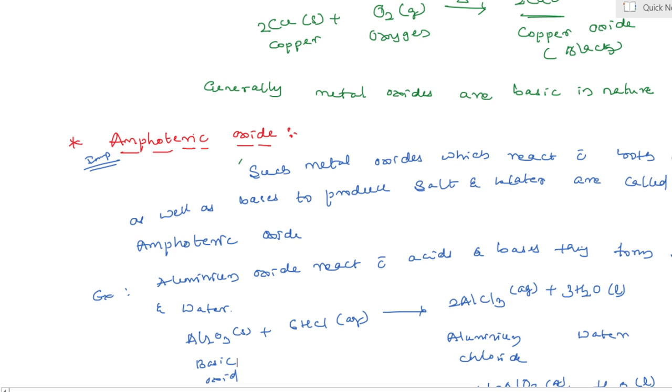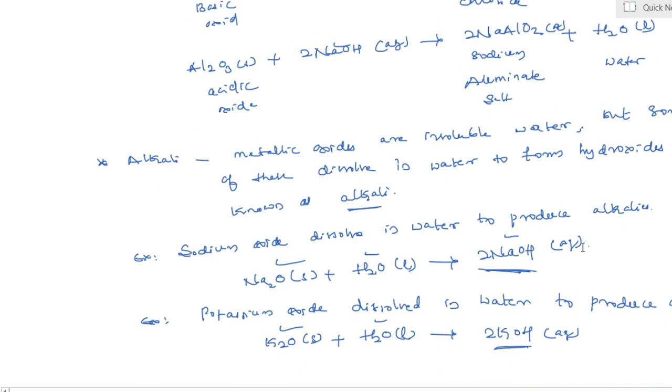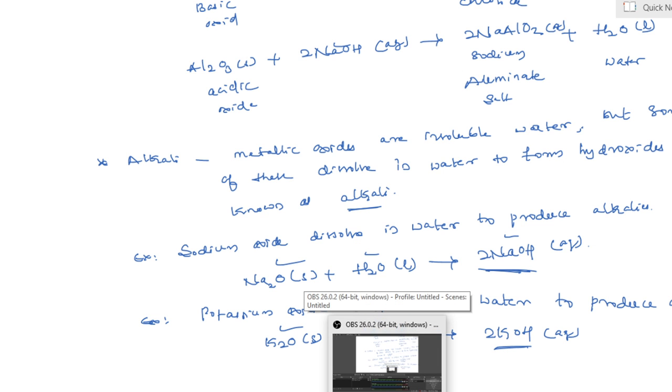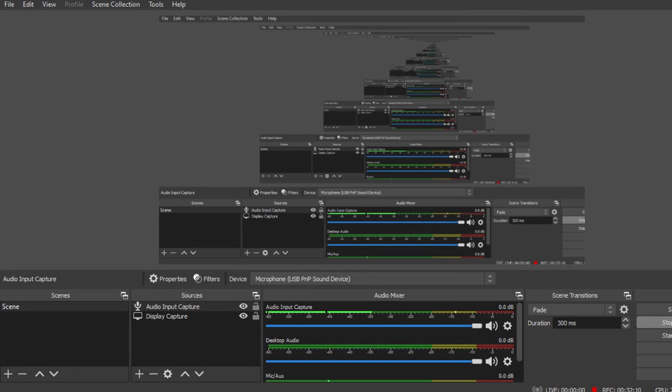Afterwards, what is meant by amphoteric oxide? Such metal oxides which react with both acids as well as bases to produce salt and water are termed amphoteric oxides, with some related examples. Afterwards, what is meant by alkalis? Metallic oxides are insoluble in water, but some of these dissolve in water to form hydroxides, known as alkalis, with examples. Thank you.